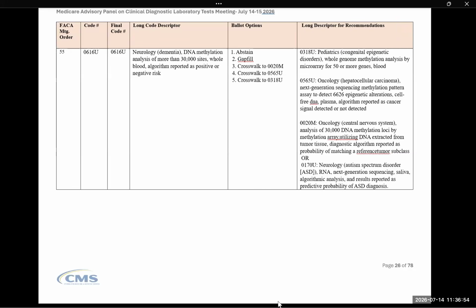Thank you, Joe. So we'll vote on this one. Does anyone have any comments, questions from panelists or from CMS? All right, so let's vote on 0616U. Thank you.